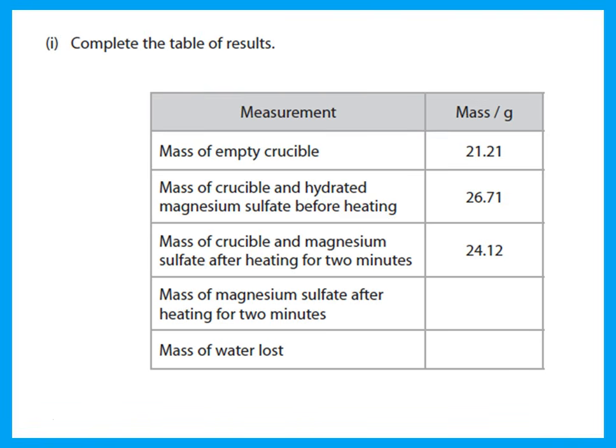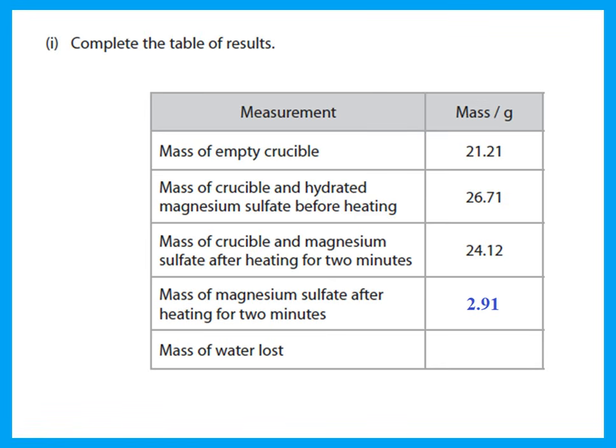This table gives the results, and he's asking what is the mass of magnesium sulfate after heating. Well, he has the mass of the empty crucible, and he has the mass of the crucible and magnesium sulfate after heating for 2 minutes. So the difference between that, 24.12 minus 21.21, is the mass of the magnesium sulfate.